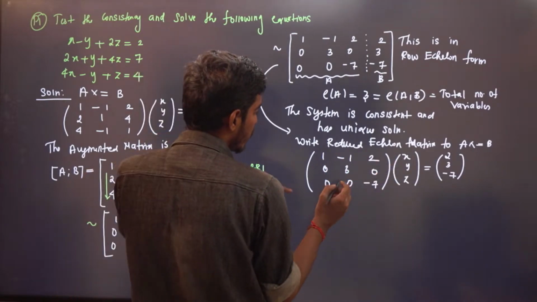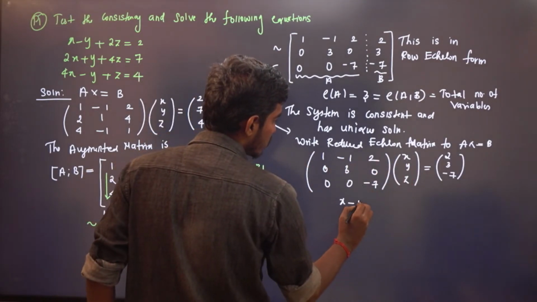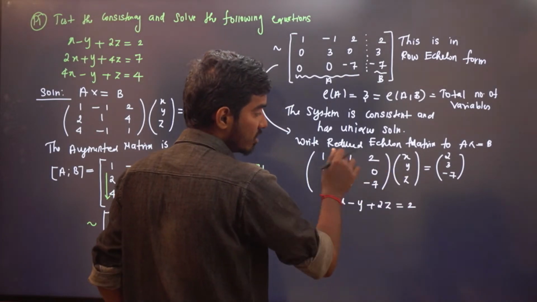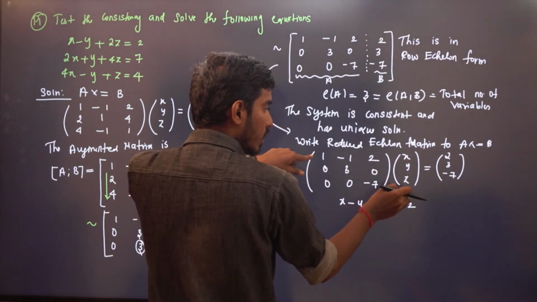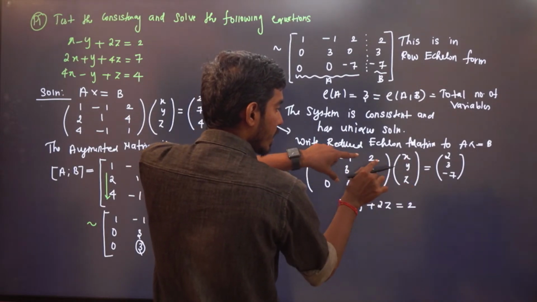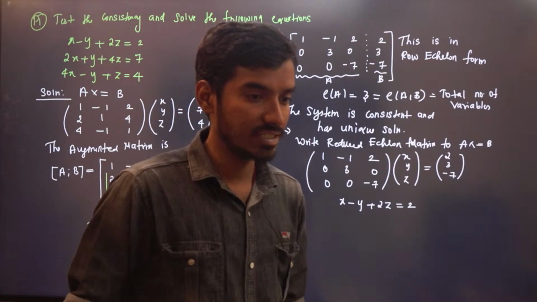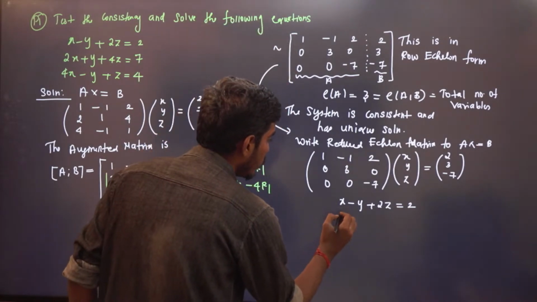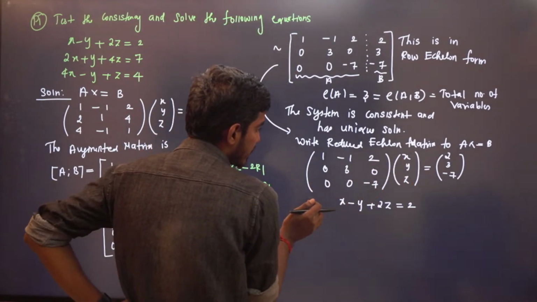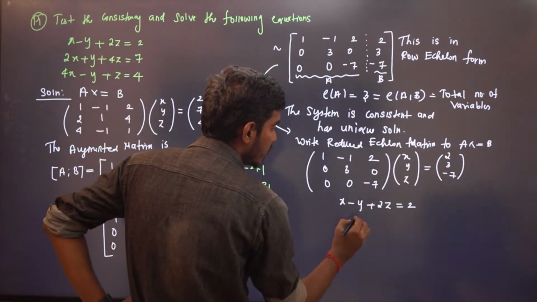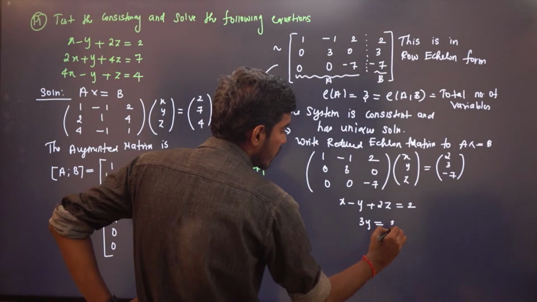Just form the equations here. So x minus y plus 2z is 2, right? It is just a matrix multiplication, this row, this column. Two matrices are equal means corresponding elements are same. And here you will have 0x plus 3y, so 3y is 3.